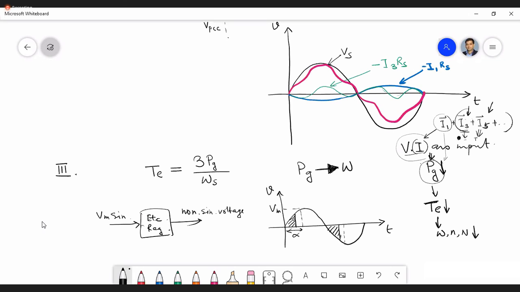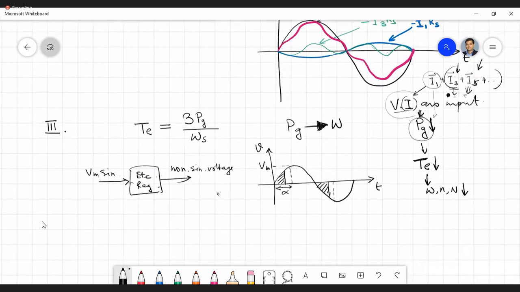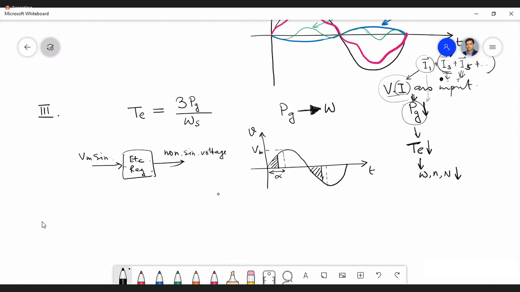We don't know. Okay, so have you realized this type of problem which may occur due to the non-sinusoidal voltage or current in case of asynchronous machines? So this is effect number 1.